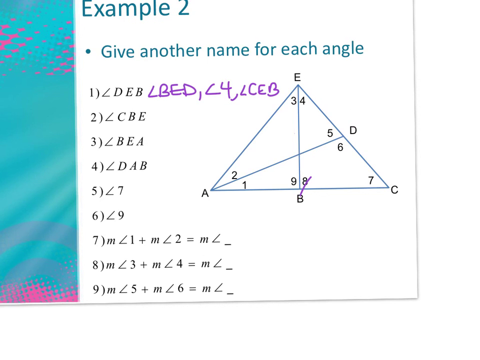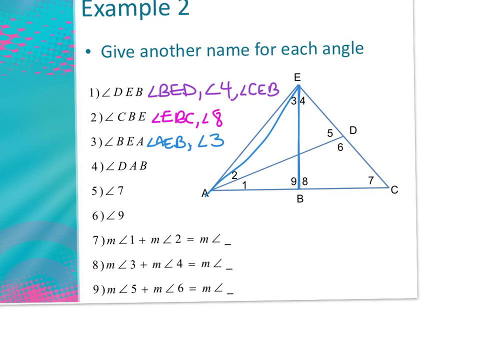Okay, angle CBE, so CBE is here. So I could have said EBC, or I could say what? Angle 8. Okay, BEA would be here. So again, switch to AEB, or I could call this what?